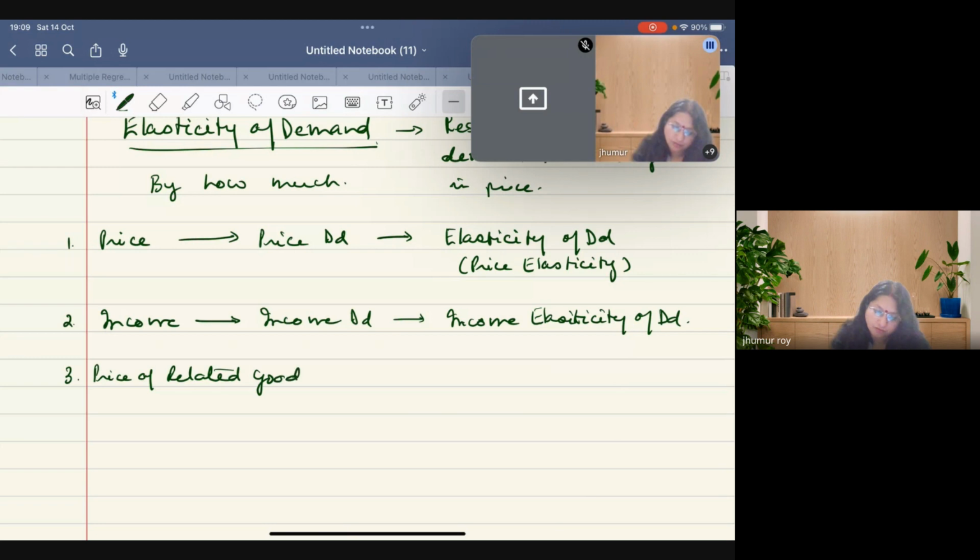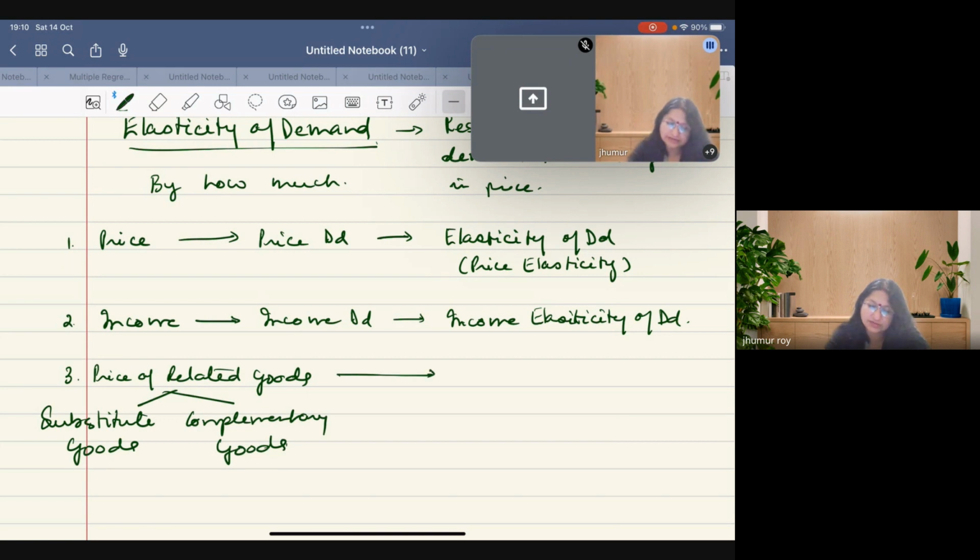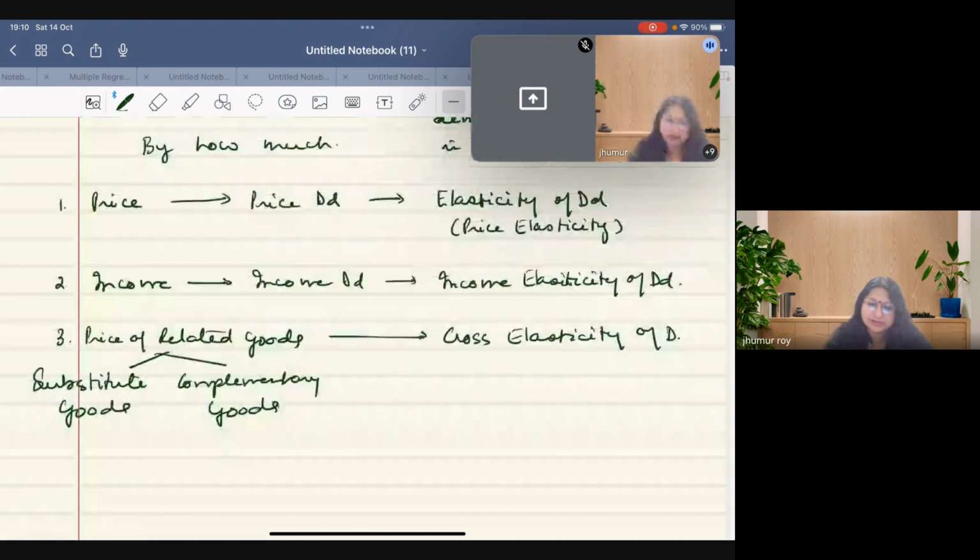If you remember, we had talked about two types of goods: substitute goods and complementary goods. When I talk about these two, it is called cross elasticity of demand. So there are three types of elasticities depending on three different determinants of demand. I hope this is clear to everyone, because this is just the beginning.